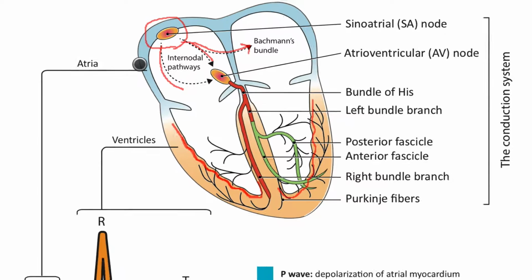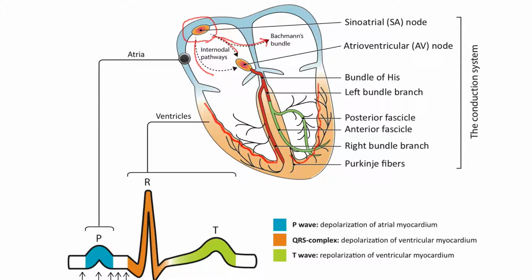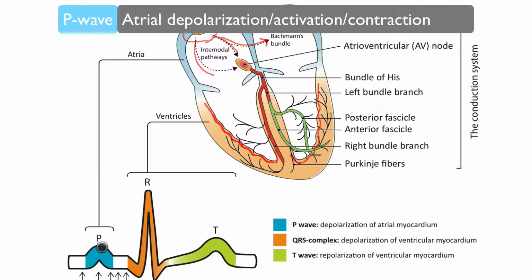You may also remember that the depolarization, that is the activation of the atria, is reflected as a P wave on the ECG curve. This is the P wave. So the P wave reflects atrial activation or atrial depolarization, which is the same as atrial contraction.